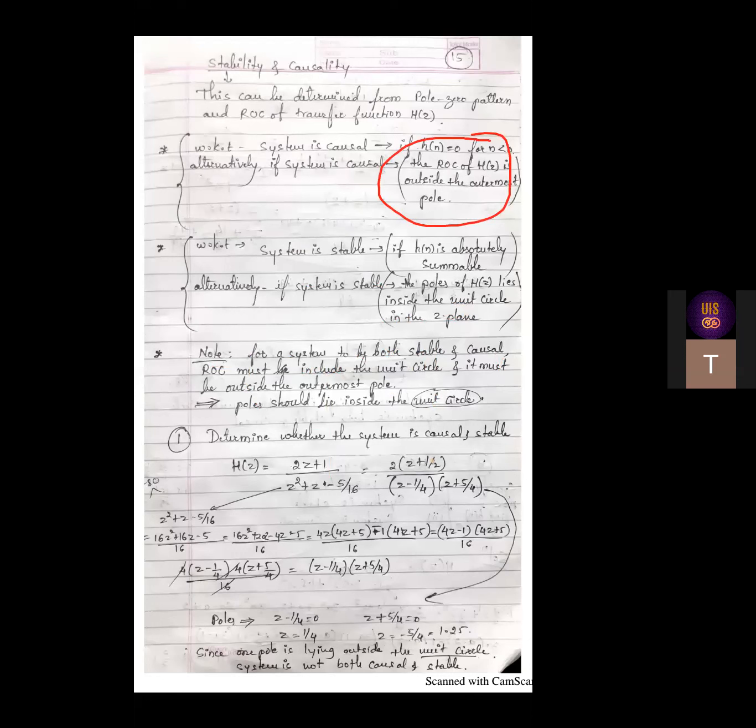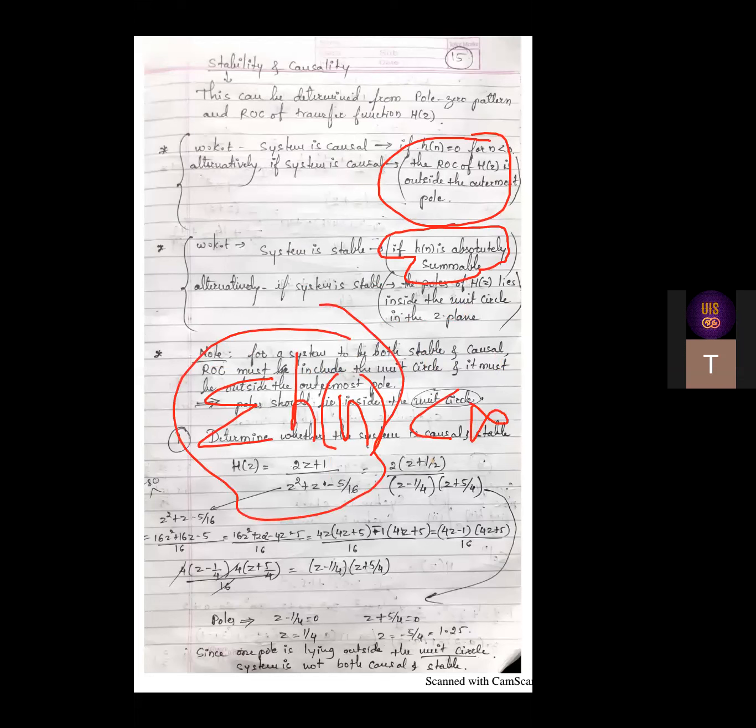Similarly, individually, whether the system is stable or not, we have a certain condition. We have already seen this in convolution. If you remember, h of n is absolutely summable. I think you have studied this equation. When you calculate this sum, it should be less than infinity; you should get some finite number.